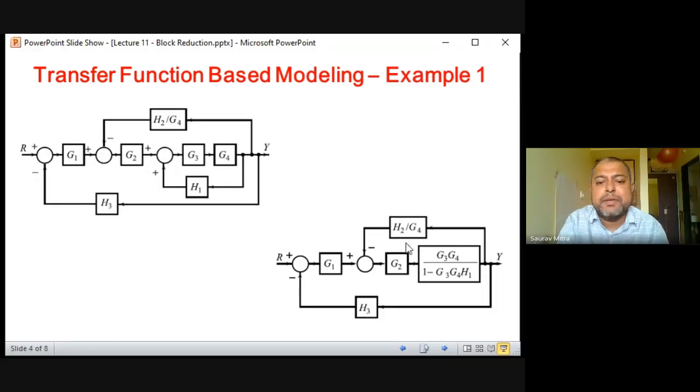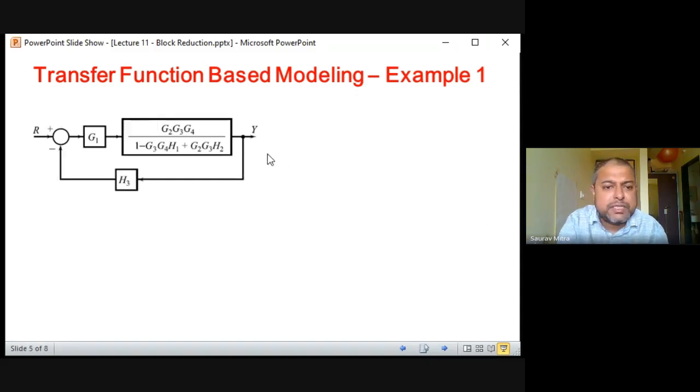So after multiplication, whenever you put H2 by G4, this H2 term comes out positive because this is a negative feedback loop. And now you find that G1 can be multiplied with it. So this is G1 G2 G3 G4 divided by 1 minus G3 G4 H1 plus G2 G3 H2.